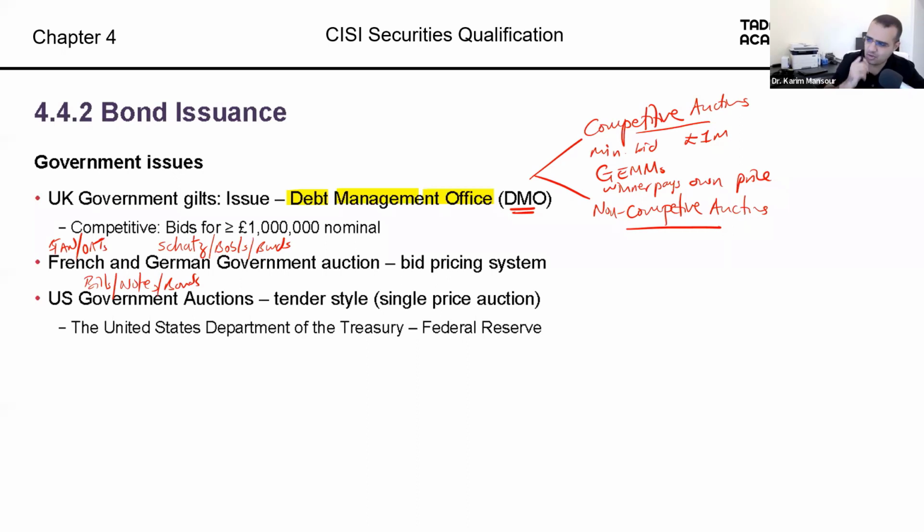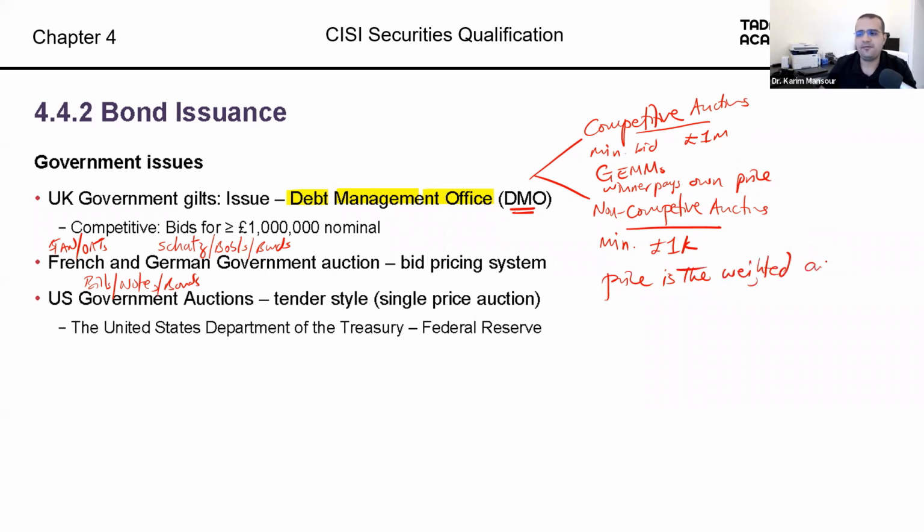And then you've got the non-competitive auctions. These are usually offered to the public, to the retail. Everybody in the public is usually invited to buy. The minimum to bid is just £1,000. And usually the price is the weighted average.